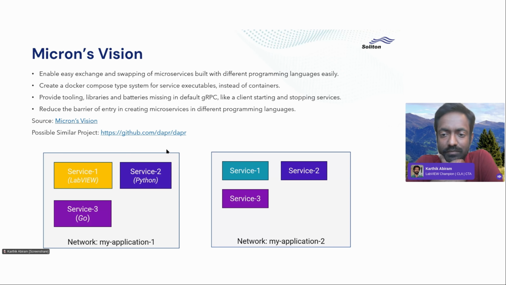Typically that is something you do with Docker containers, but the idea here is to create a similar ecosystem, similar to Docker Compose, where for executables instead of containers, we provide tooling, libraries, and batteries that are missing in the default gRPC implementation, like a client starting and stopping a service whenever it wants. And also reduce the barrier of entry in creating microservices in different programming languages. So these are Micron's vision, I would say.